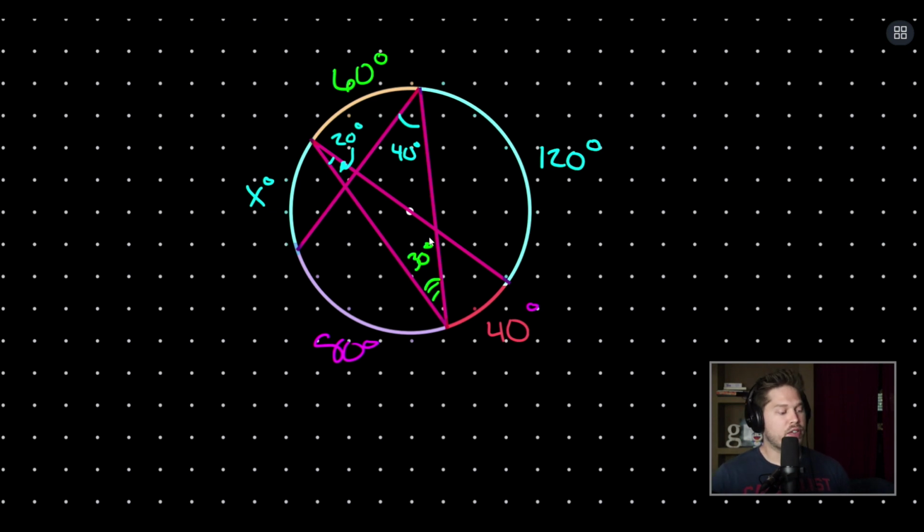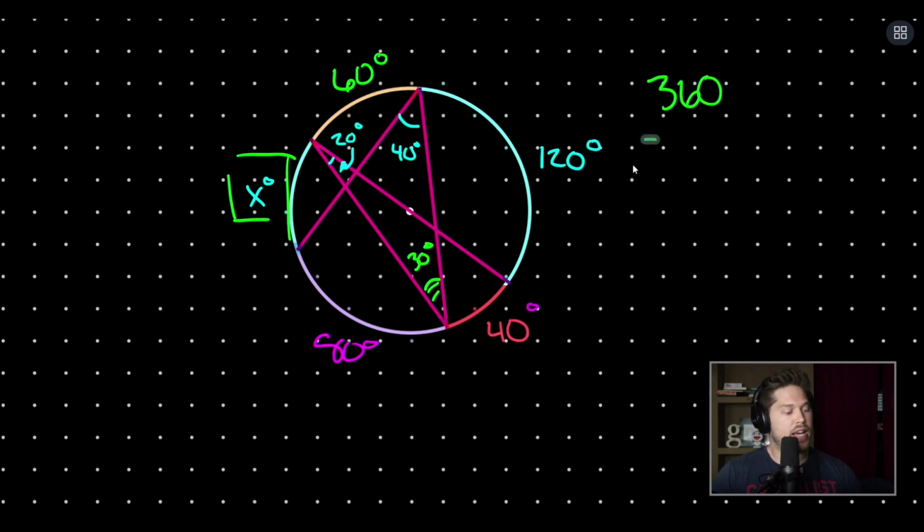Now that's a little bit extra. We didn't actually need to say that that was 30 because now we have our full circle minus our x. Okay, we know a full circle to be 360 degrees. So we're going to take 360. We're going to subtract 120.